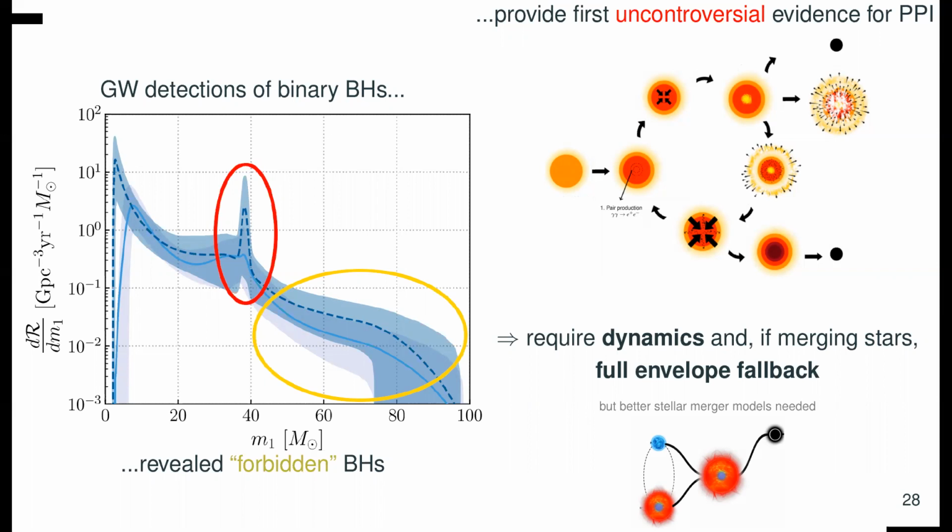And if you want the dynamical interactions to act on the stars rather than directly on the black holes, then you will require the stars to merge in a weird way and to swallow their entire hydrogen envelope when the black hole forms, which is still debated in the literature.